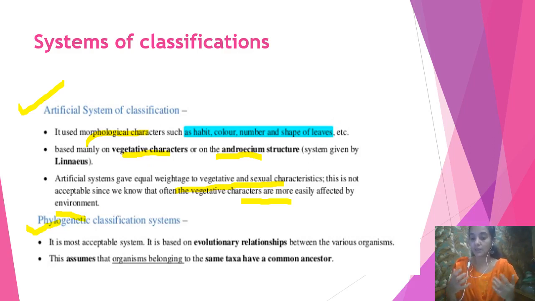What is the main method to find phylogenetic relationships? Everyone knows it is the study of fossils. By studying fossil deposits and remains, we can easily determine the phylogenetic relationship between one organism and another. So this is the system we normally follow. Clear?